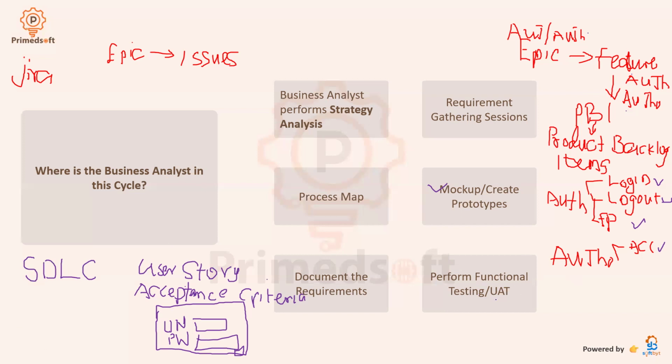UAT stands for user acceptance tests. So functional testing is to say, okay, is this doing what it's supposed to do? Just the functions, are they doing what they're supposed to do? Now, in user acceptance testing, the user is given the opportunity to test the application.